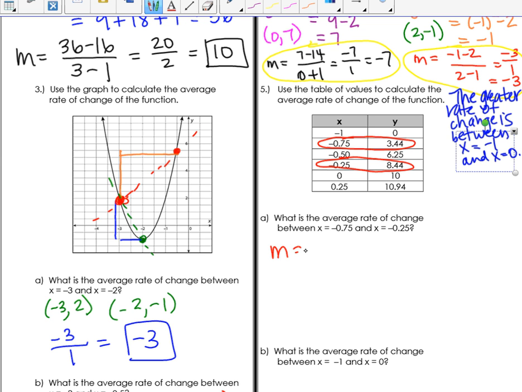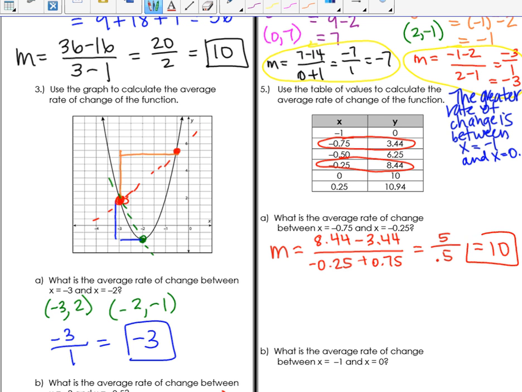So m equals, change in y would be 8.44 minus 3.44 all over -0.25 minus a -0.75. So you're really going to look like you're adding there. So you end up with 5 over 0.5. So that rate of change would be 10.